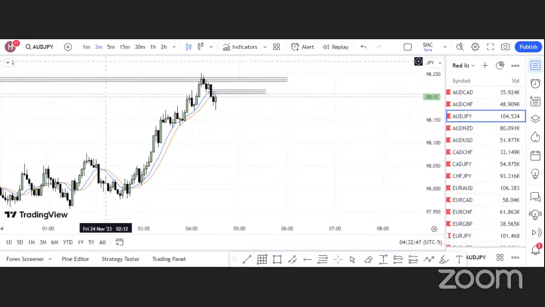The market didn't quite touch the area where I wanted it to touch.